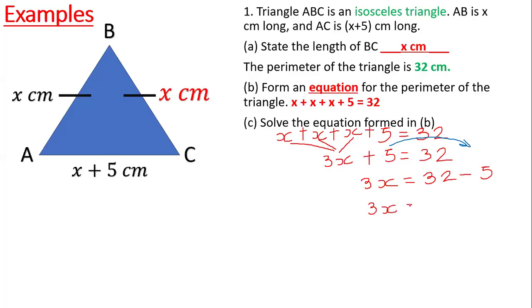So we have 3x is equal to, what is 32 minus 5? What do I get when I subtract it? 27. That's what you got? 27, 28, 29, 30, 31, 32, 27. Anyone else got a different answer from 27?